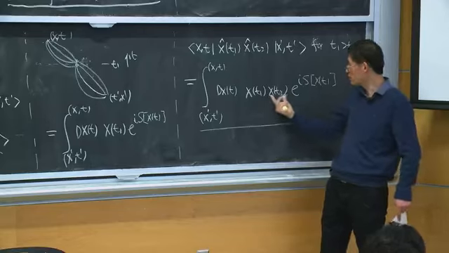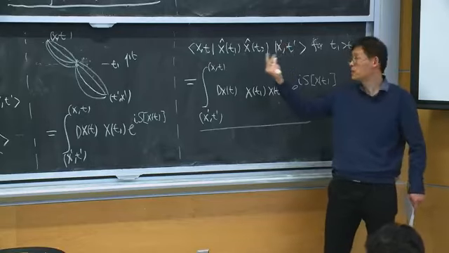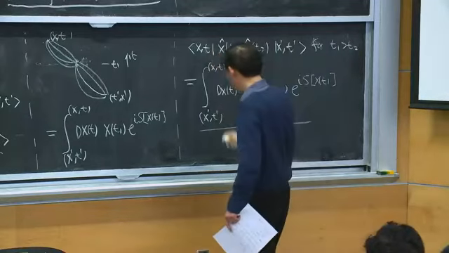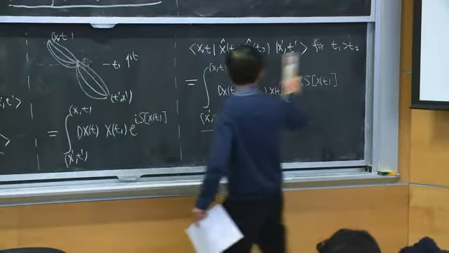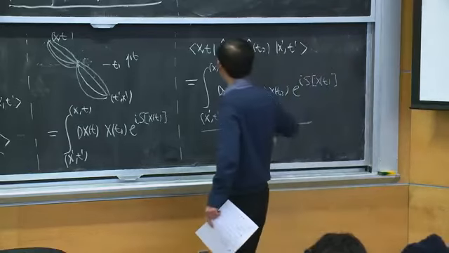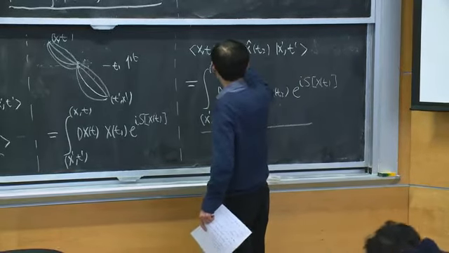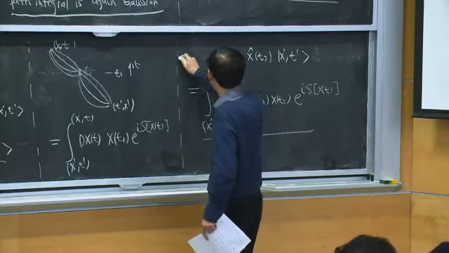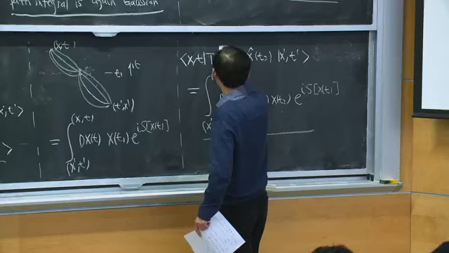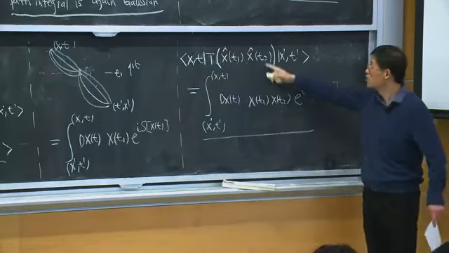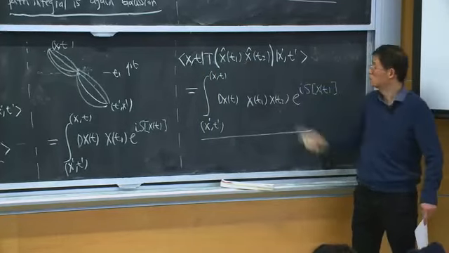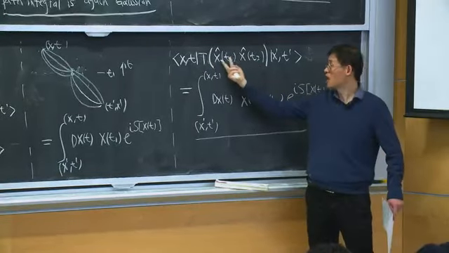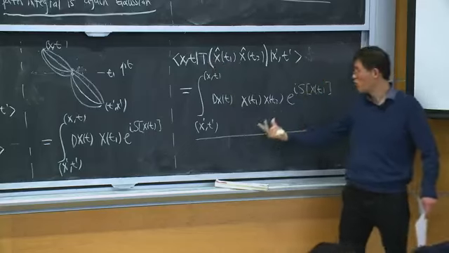Because the path integral always follows the time order, the order here always has to be time ordered. So the correct formula, which applies for all t1, t2, is that you time order them. No matter what the values of t1 and t2, if you time order them so that the x with the larger time always sits in front, then it's always equal to this one.